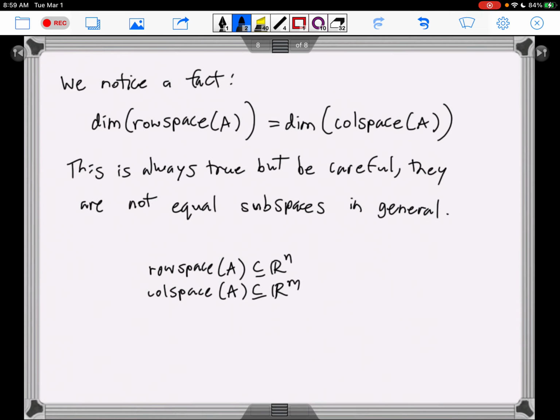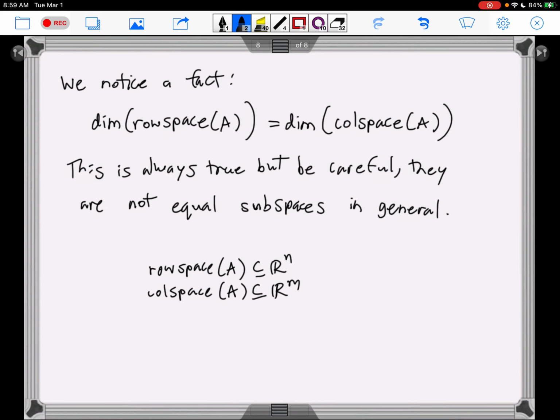In other words, because they live in different dimensional spaces, they're not exactly equal to each other, right? So it's sort of like saying if they were both two-dimensional subspaces, they're both planes. They both can be thought of as planes, but one is a plane that lives in a higher dimension and the other is just a plane that lives in a lower dimension. So they're both planes, but they're not quite the same.